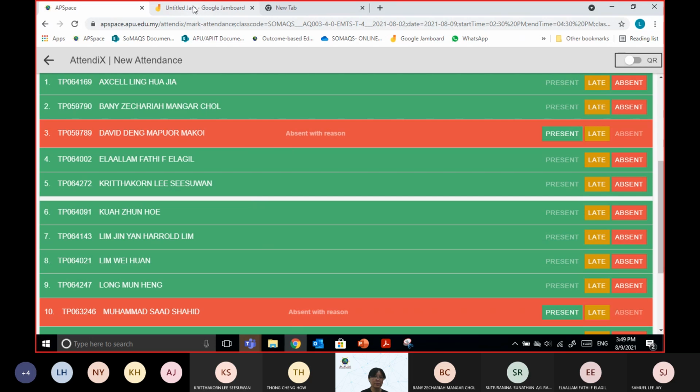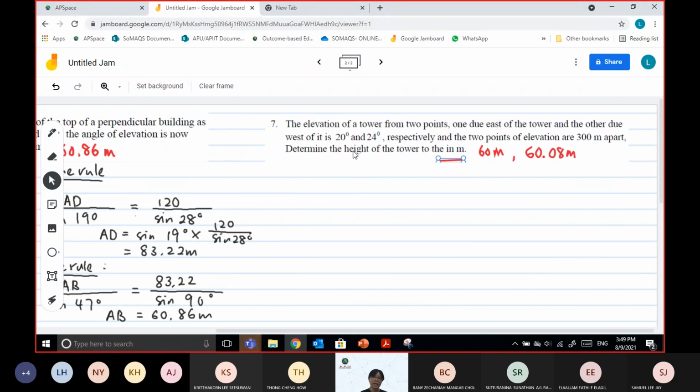Okay, let's continue. The elevation of a tower from 2 points, one due east of the tower and the other due west of it, is 20 degrees and 24 degrees.